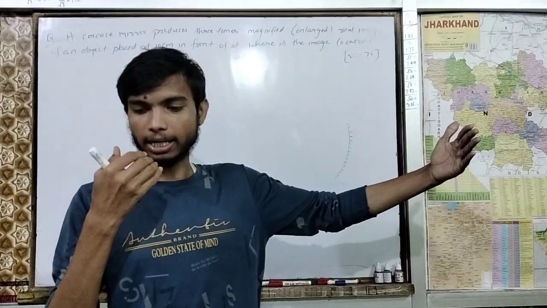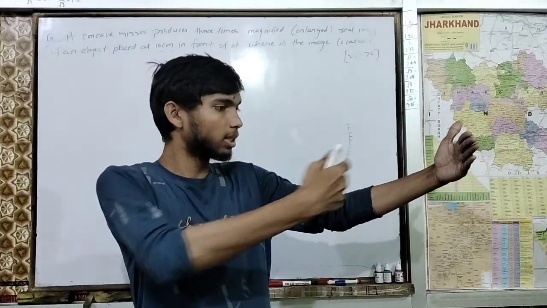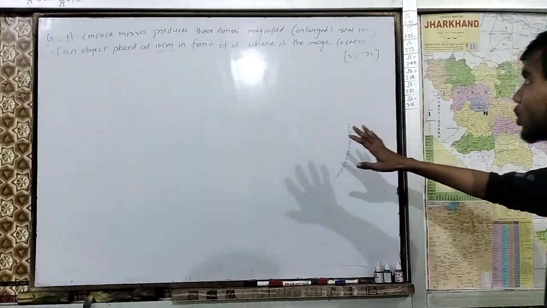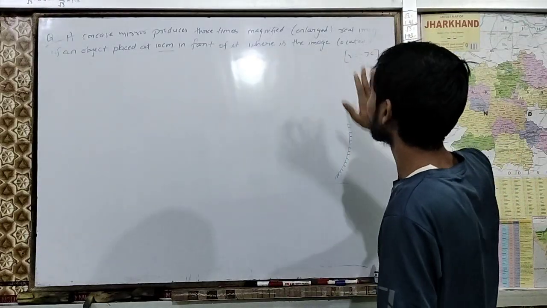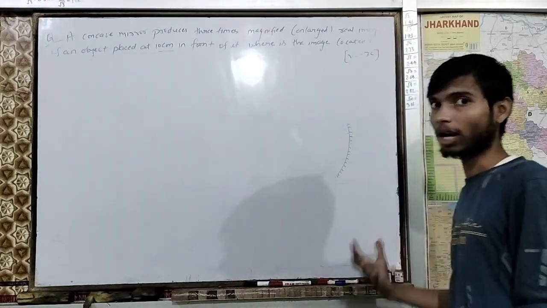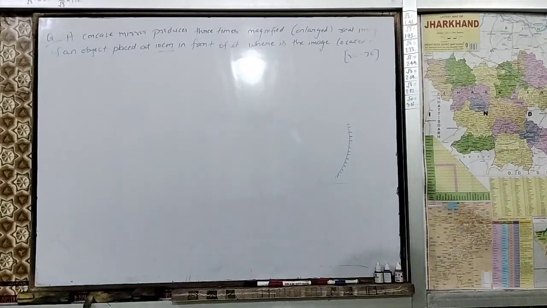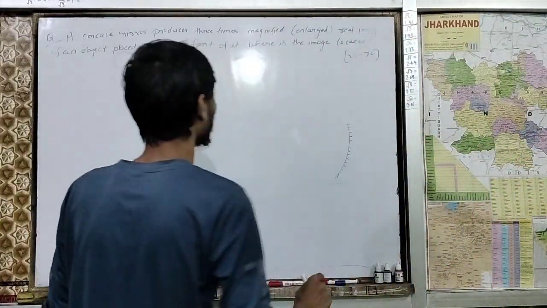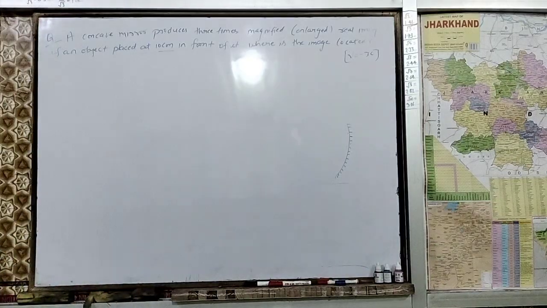This is the mirror and this is the object. So this distance is how much? 10 centimeter, in front of it. Where is the image located? This is what we have to find. So you have to find where the image will be located.